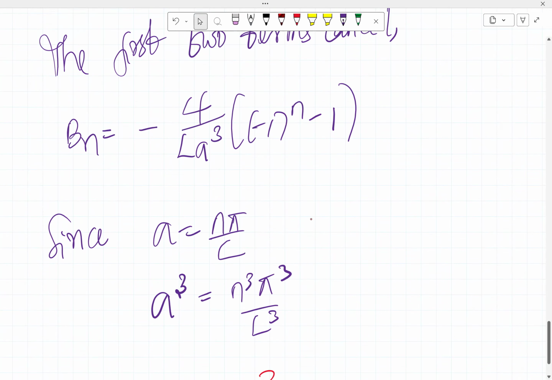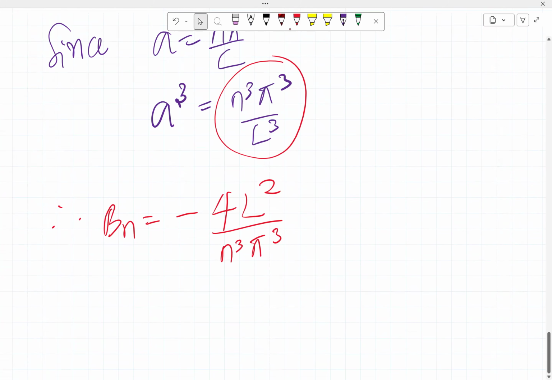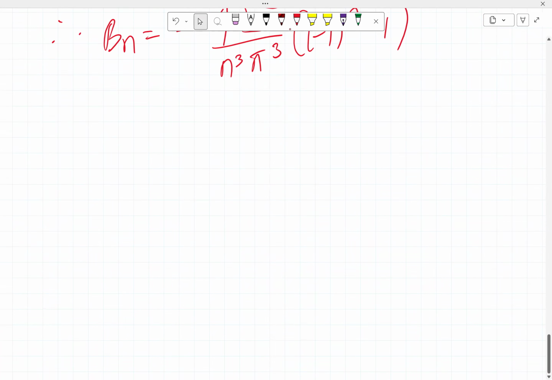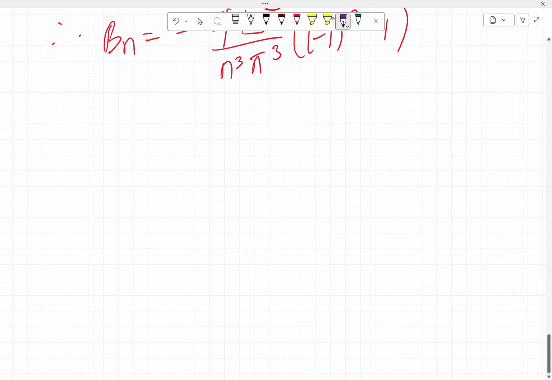That's simply substituting this here. So we have minus 4 L squared over n cube pi cube into minus 1 raised to power n minus 1, like that. And that is what we have for that part, but we have to do one more step. So we now simplify.